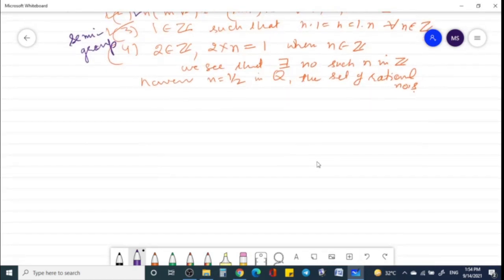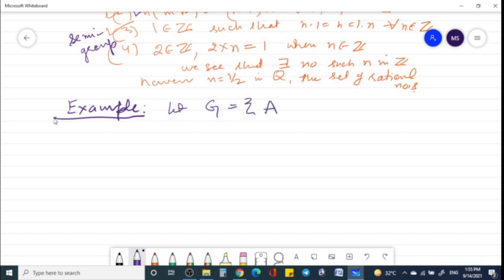Now we can consider more examples here. Let G be a set consisting of matrices.